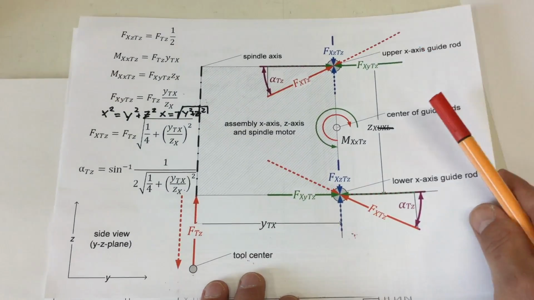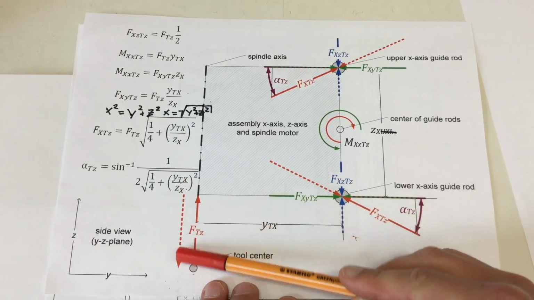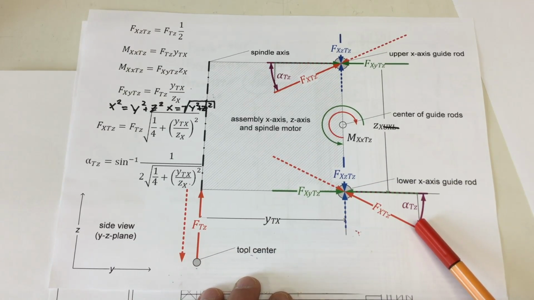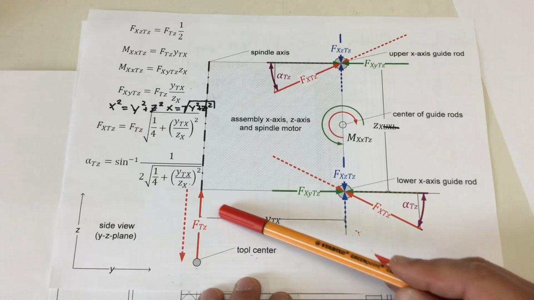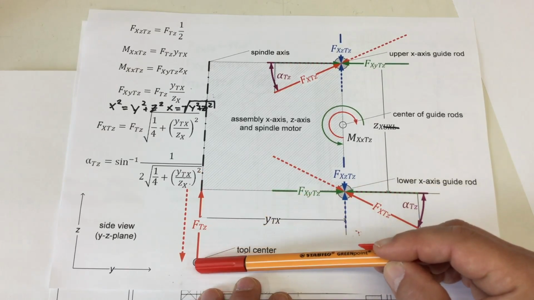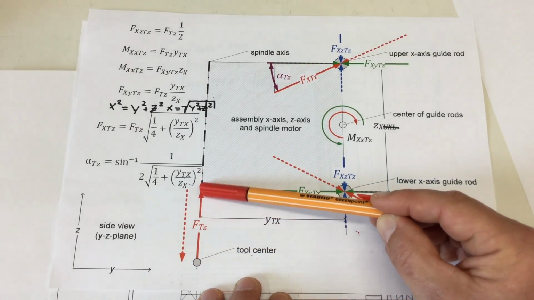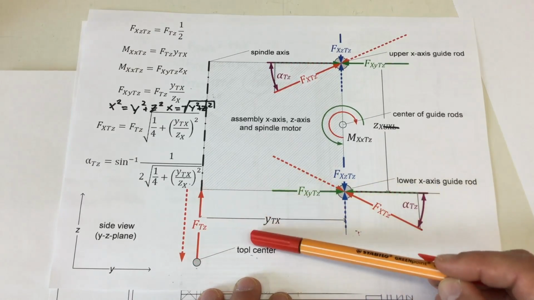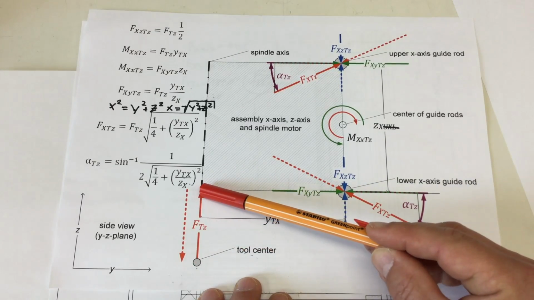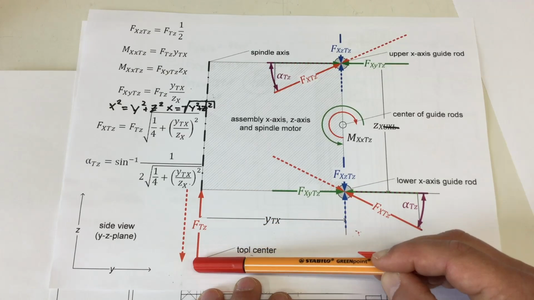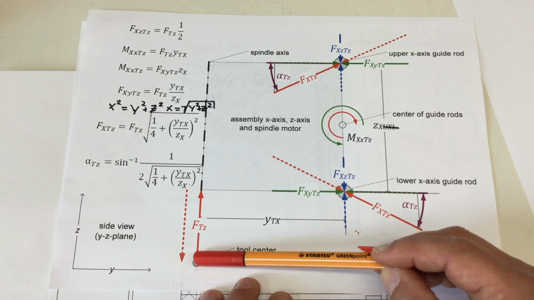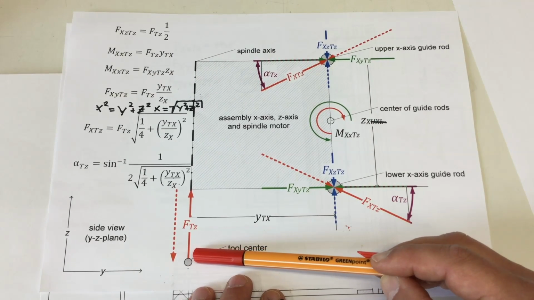I told you to ignore the dotted forces for the moment. The dotted forces are in case you're not having pressure upward exerted, or cutting force upwards on your tool, but your tool is dragged downwards. Now you can say that never happens.